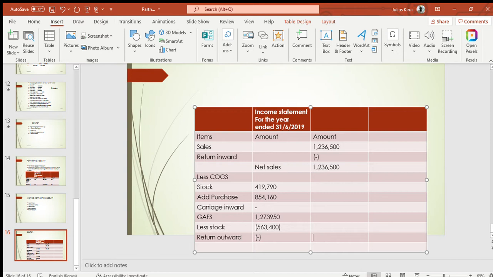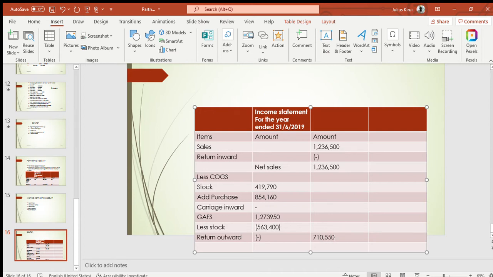What is our cost of goods sold? Yes, those with calcs, can you help us? It's supposed to be something. 710,550.